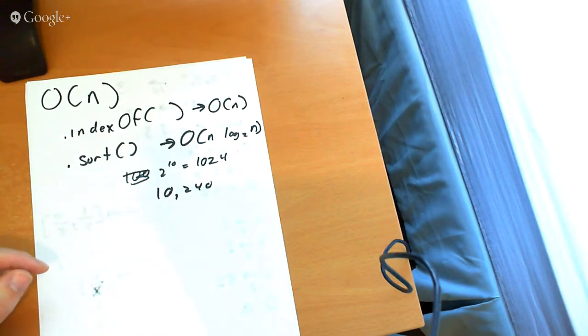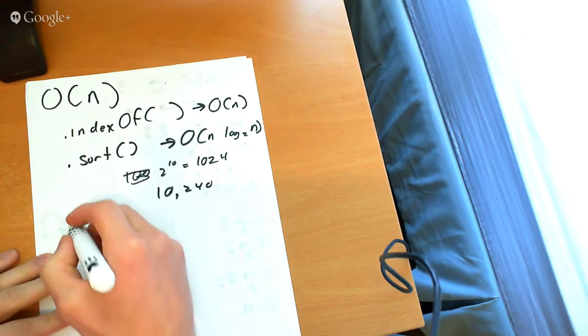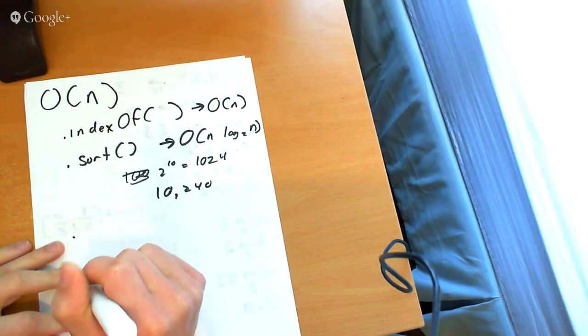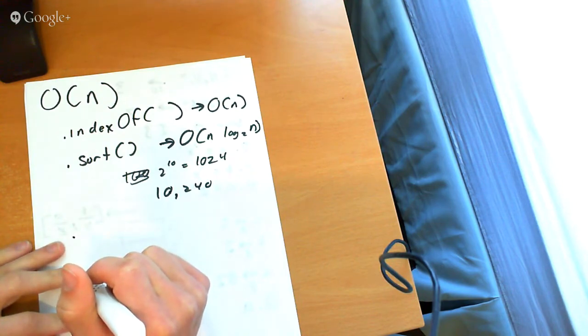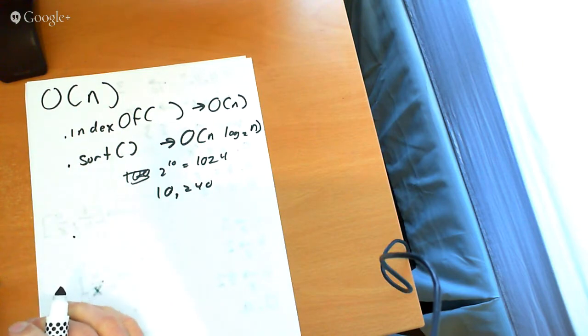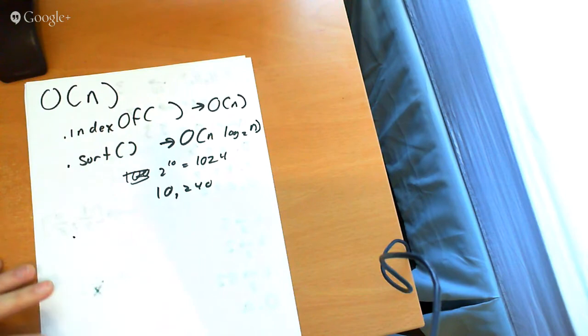Now there's other things, like if you're thinking about using React and doing a diff, a difference of 2 arrays. What's another good example? A Levenshtein distance.